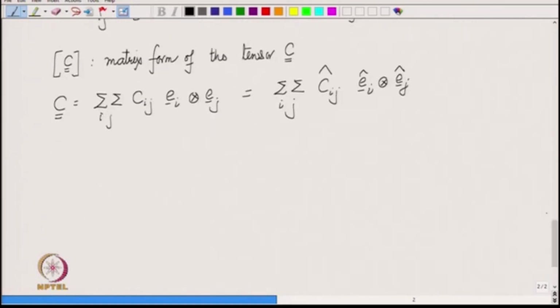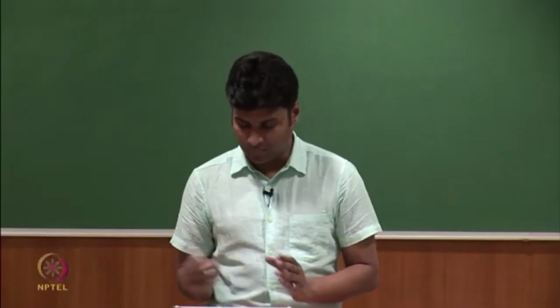So, two different ways to write the same tensor, because we have used two different coordinate systems. So, from here the matrix form has C_ij, whereas from here the matrix form has got C_ij hat. So, we get two different matrices, but the tensor itself is the same.